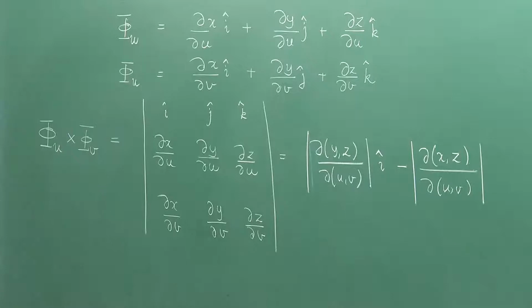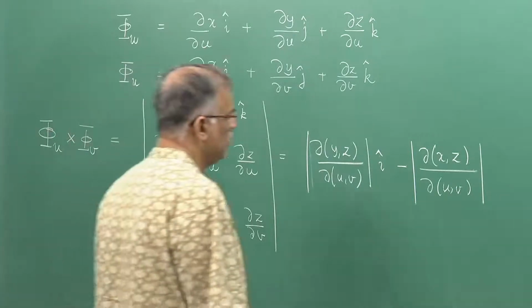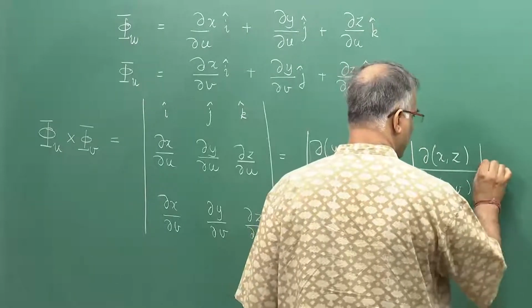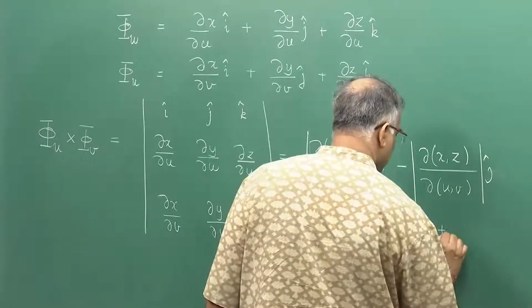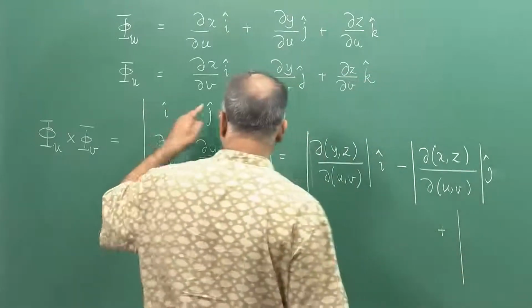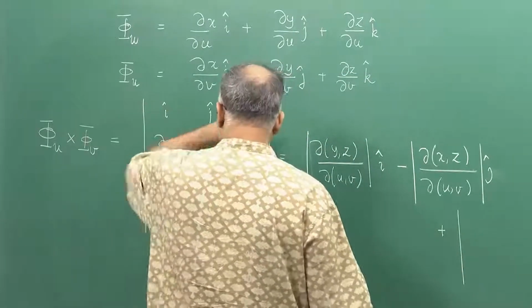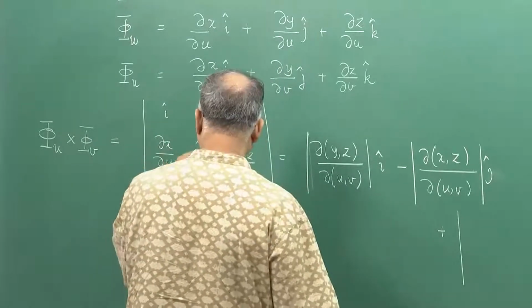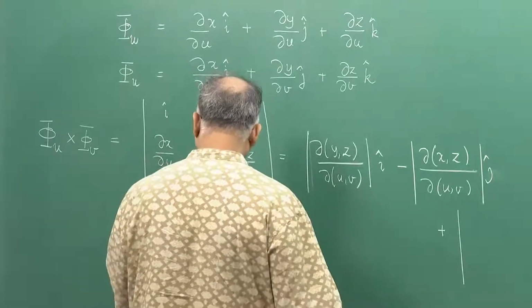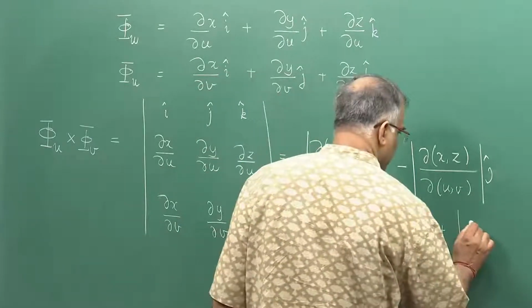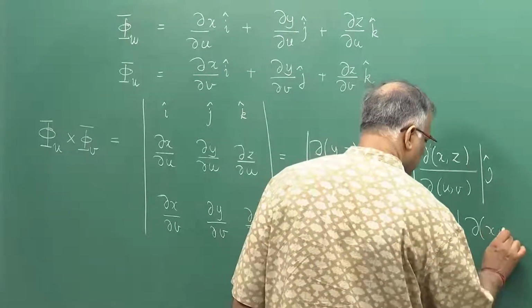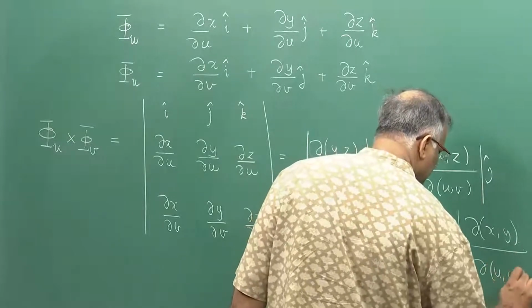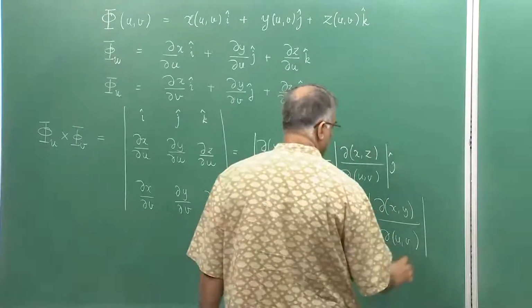And now plus, for the k vector, this row goes, this column goes, so you are left with del x by del u, del y by del u, del x by del v, del y by del v. This is the determinant of del(x,y) by del(u,v) k vector.